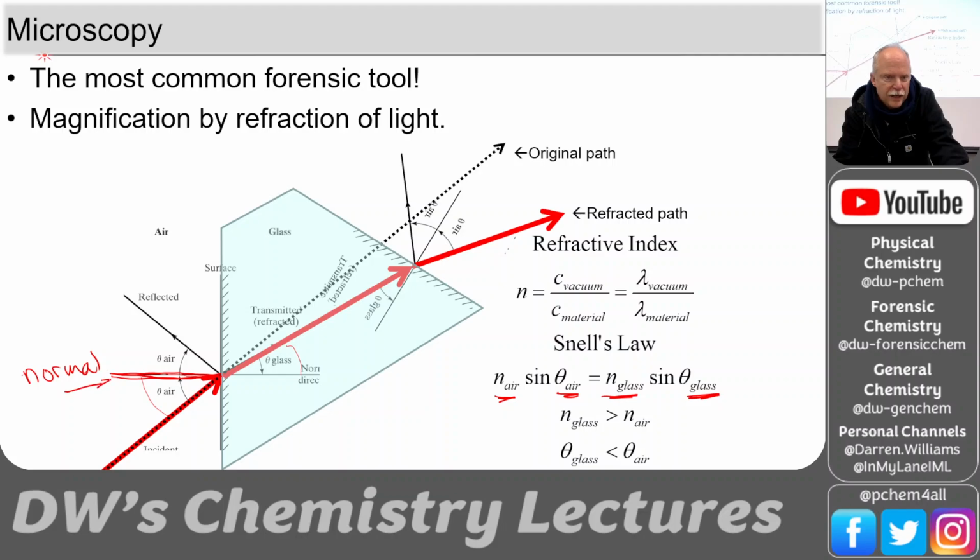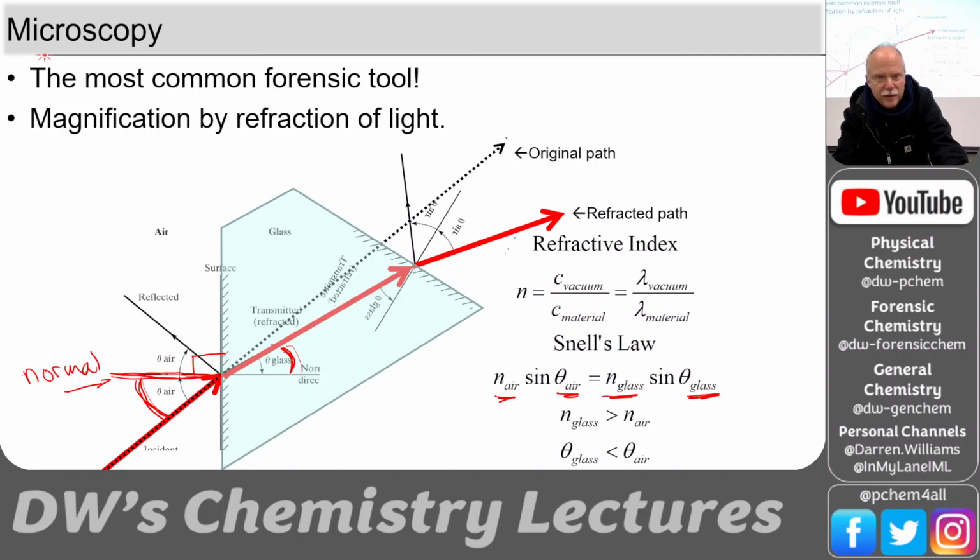So they say that line is normal to the surface. It's 90 degrees to the surface. And so this angle of incidence is with respect to the normal. It hits, and then the glass is inside, this angle with the glass is inside the normal. And so then it bends, and then when it comes out, it bends even more in the same direction.